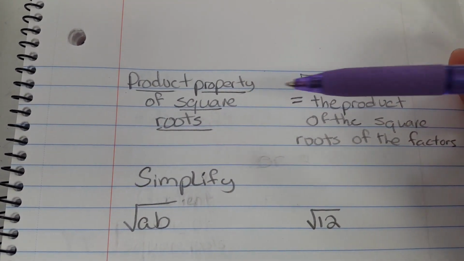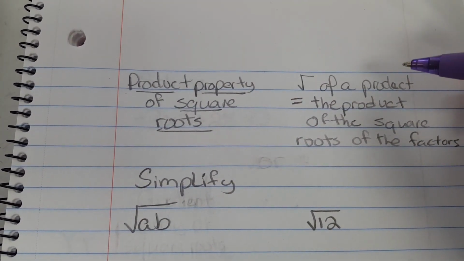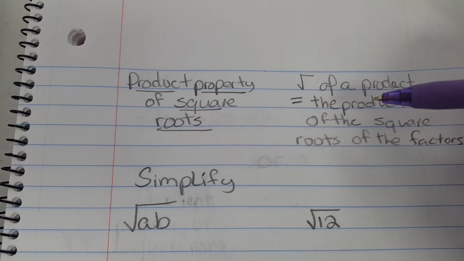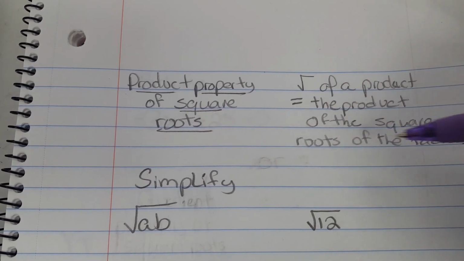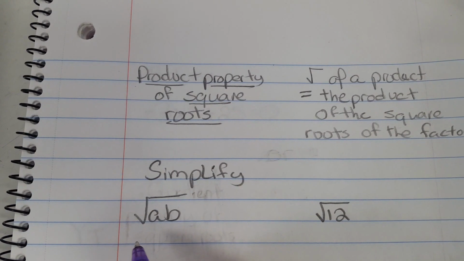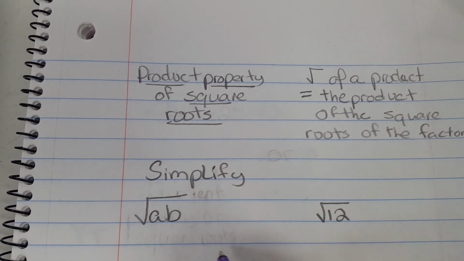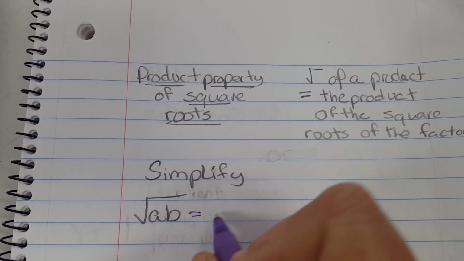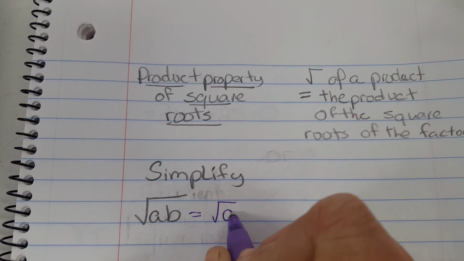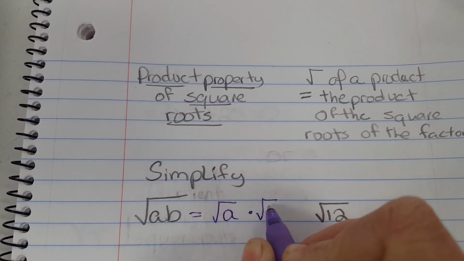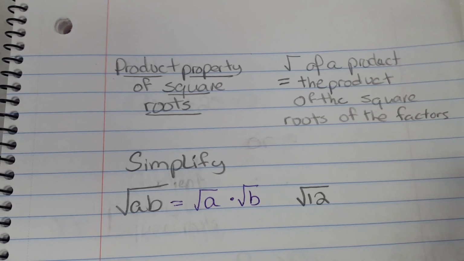The product property of square roots says that the square root of a product equals the product of the square roots of the factors. So if we have the square root of ab, that's the same as the square root of a times the square root of b.